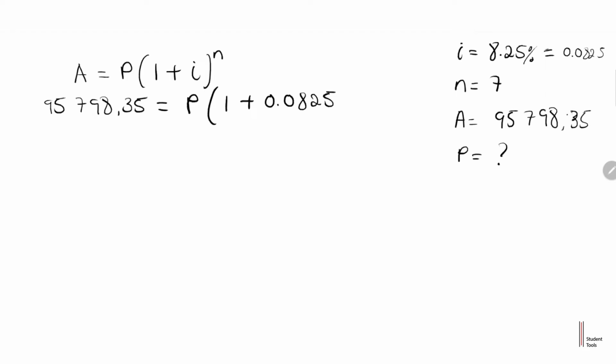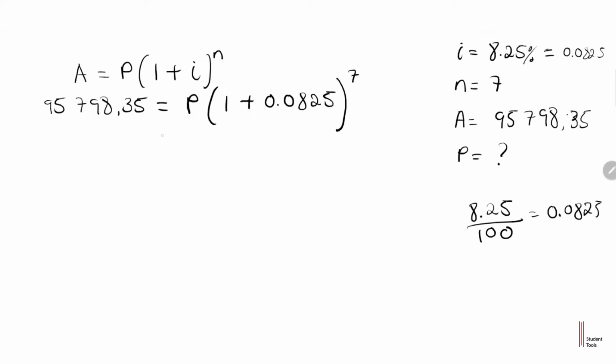We're getting that from 8.25%, which is 8.25 over 100. So that is equal to 0.0825. So we'll put it over there. And all this is to the power 7 because it's to the power n.